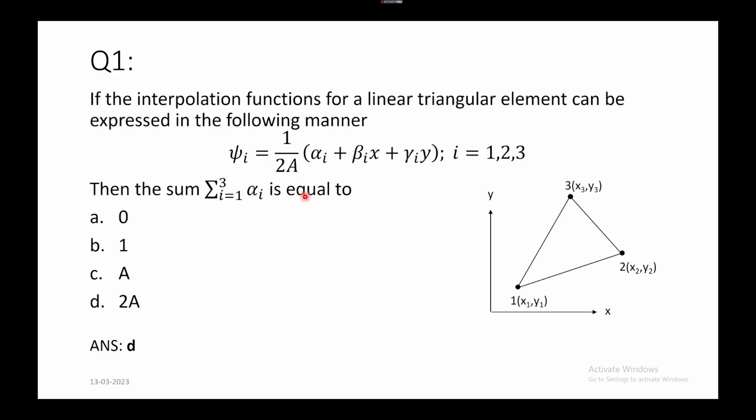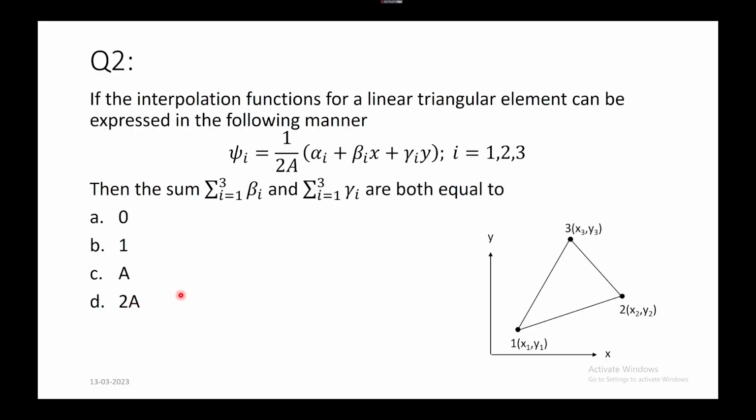Did you have any doubt in that? Okay. So same question, instead of alpha I want the sum of beta 1 plus beta 2 plus beta 3, and similarly gamma 1 plus gamma 2 plus gamma 3. What are those sums equal to? In the last question we saw that it was equal to 2a. I think again it will be 2a.